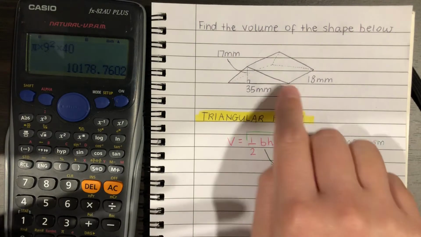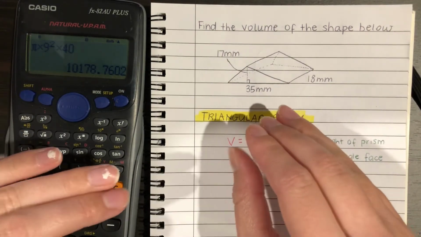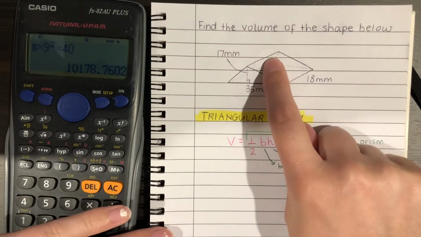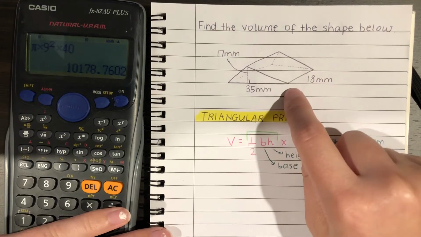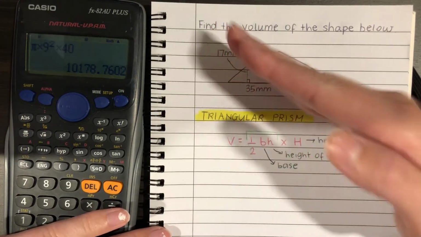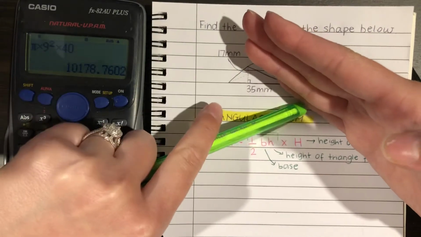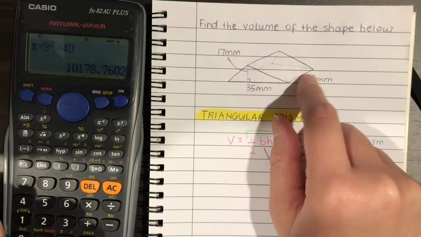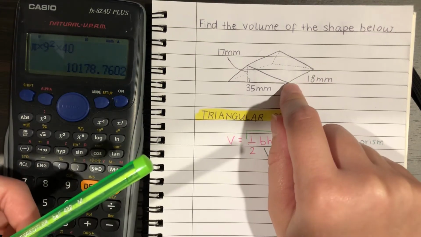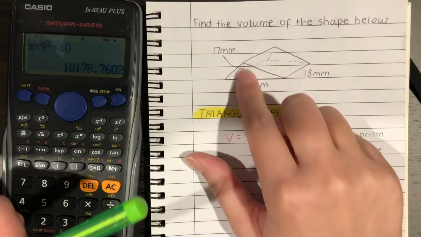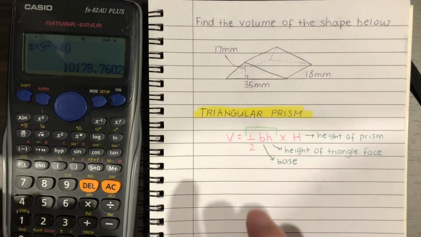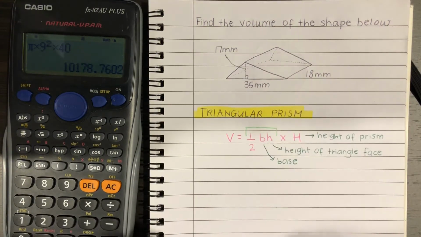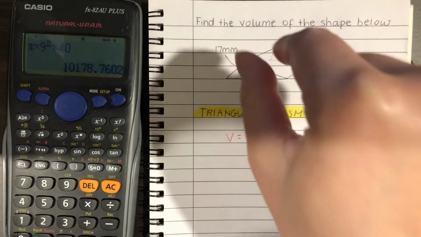Now, I know it doesn't look like a height because it seems like it's flat, but if we turned this triangular prism so it was sitting on this back triangle, it would be a height, because it'd be sitting up now. But basically, to make things easy, you're practically looking for this other length here, and you say that's the height. I've just drawn this prism like this. So to calculate the volume of one of these shapes, we're calculating the area of the face and then multiplying by its height because we want to find out how much space is inside of it.